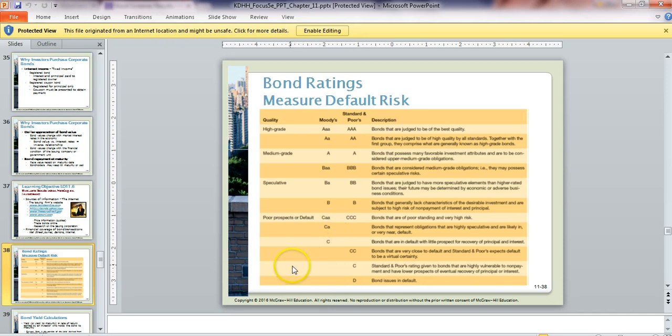Now, again, I just want to say that most of the A's and B's are going to be okay, and maybe even the C's too. You have a higher potential for return on C-rated bonds. But there's a list of what's going on with bonds.